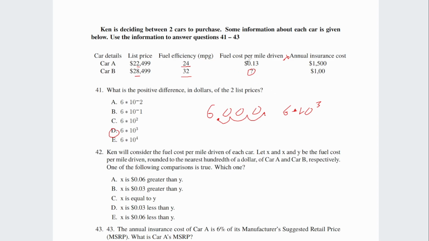So if the fuel cost per mile driven is 13 cents and a gallon of fuel, I should say, because that's how it's written, is going to be 24 times 13 cents. Then we can simply divide that by 32. So 1 gallon, so 24, times 0.13.